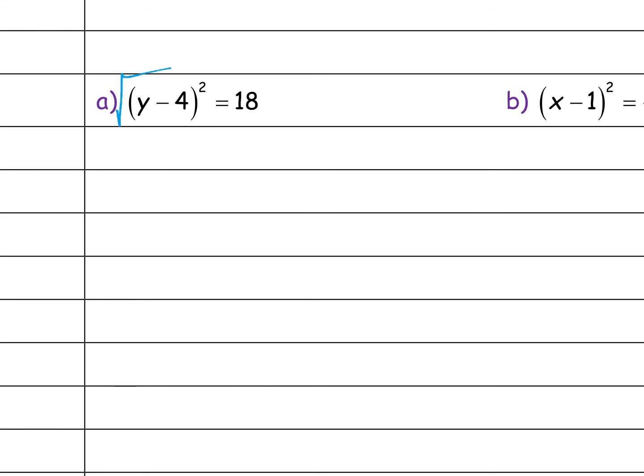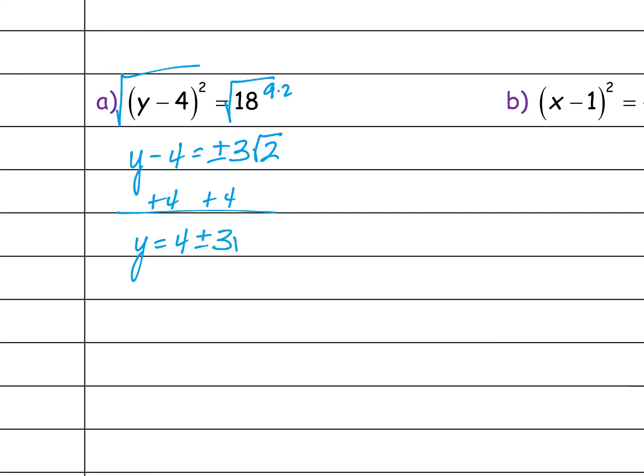So I'm going to square root this. And what do I get? Y minus 4 is going to equal plus or minus, and 18 is 9 times 2. So that should be 3 square root of 2. Add 4 to both sides, and I should get y is going to be 4 plus or minus 3 root 2.